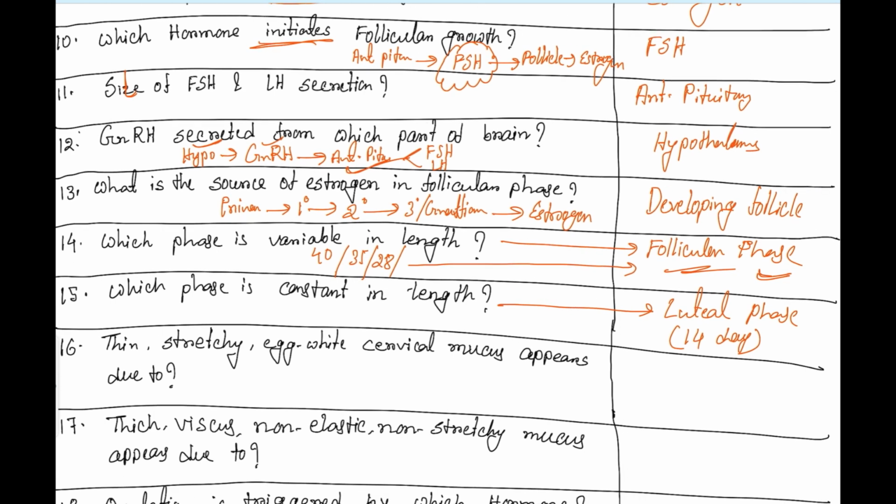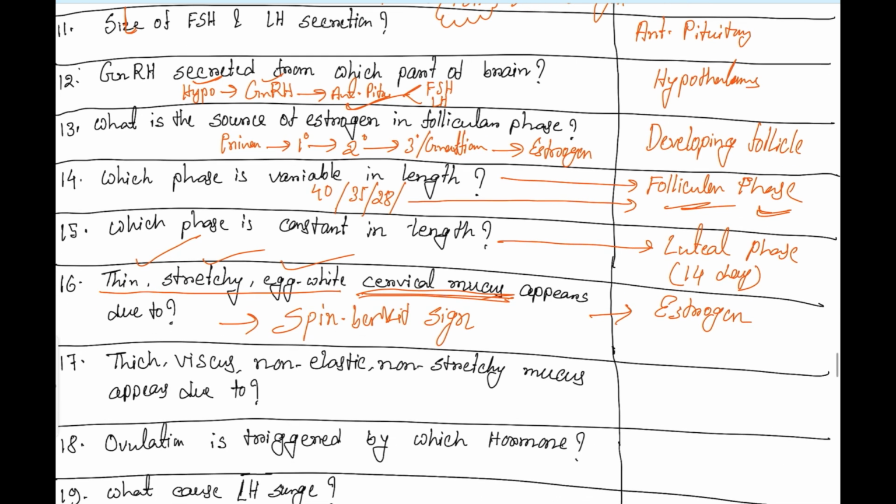Now, thin stretchy egg white cervical mucus appears due to estrogen. Due to estrogen hormone at follicular phase, the cervical mucus will be thin, stretchy and egg white. This is called Spinnbarkeit sign. If you examine this cervical mucus on microscope, it will look like a thin, stretchy, egg white like structure.